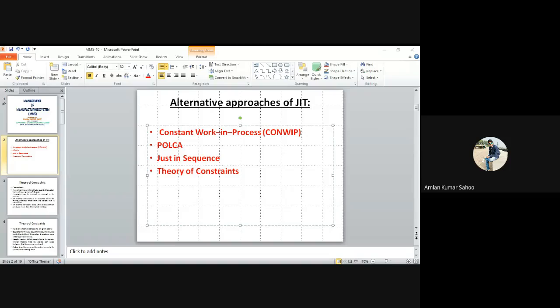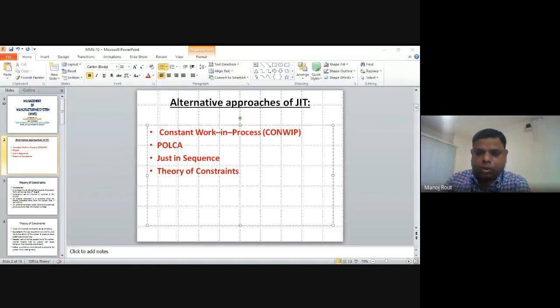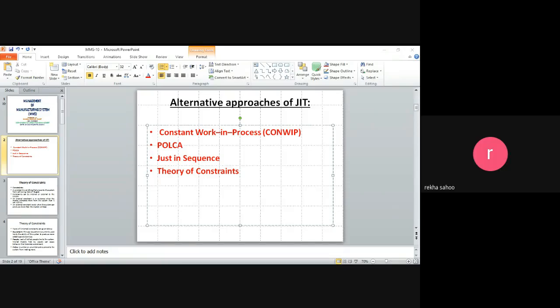The testing sequence, sir, it is used for delivering the right parts at the right assembly line. Just in sequence, components and parts are assembled in a sequential order so that the processes will be followed sequentially.